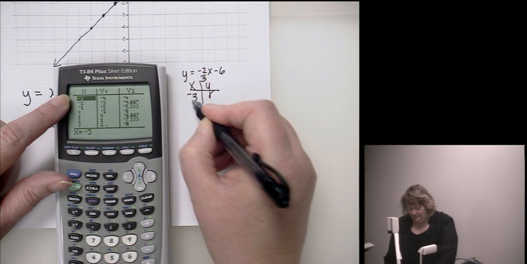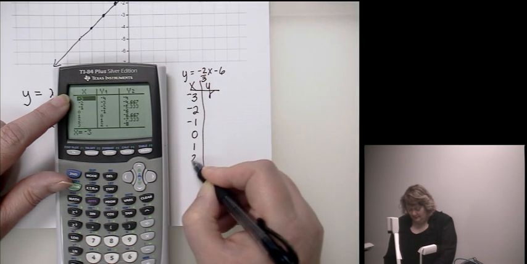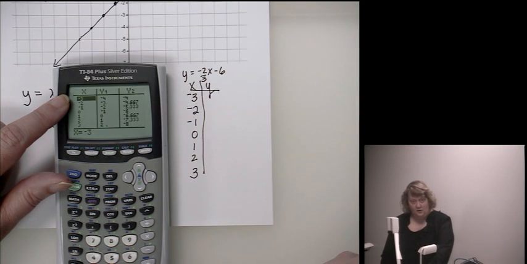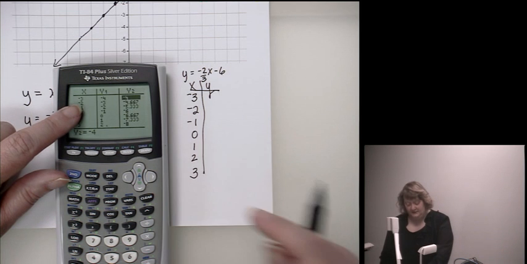I'm going to go from -3 to +3. So I'm going to go on and write those x's down, but I'm going to use the y values over here.